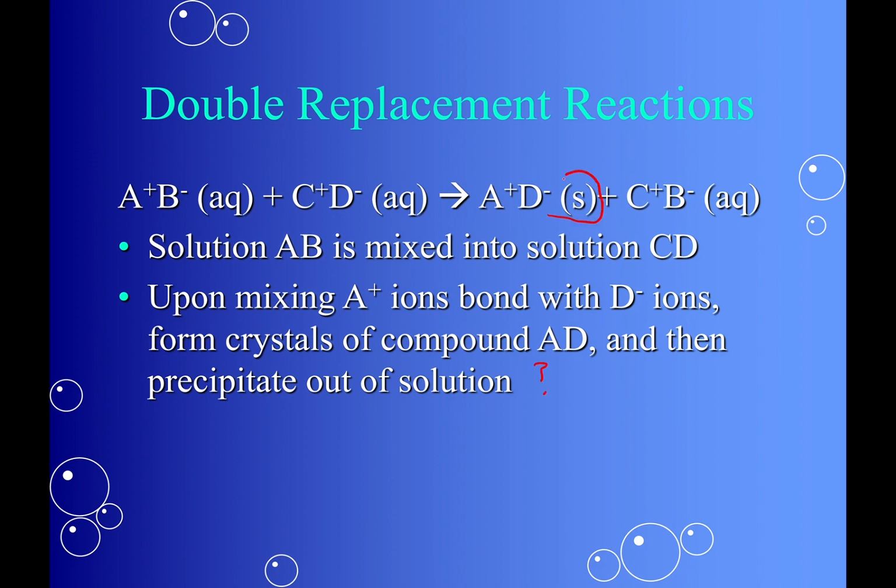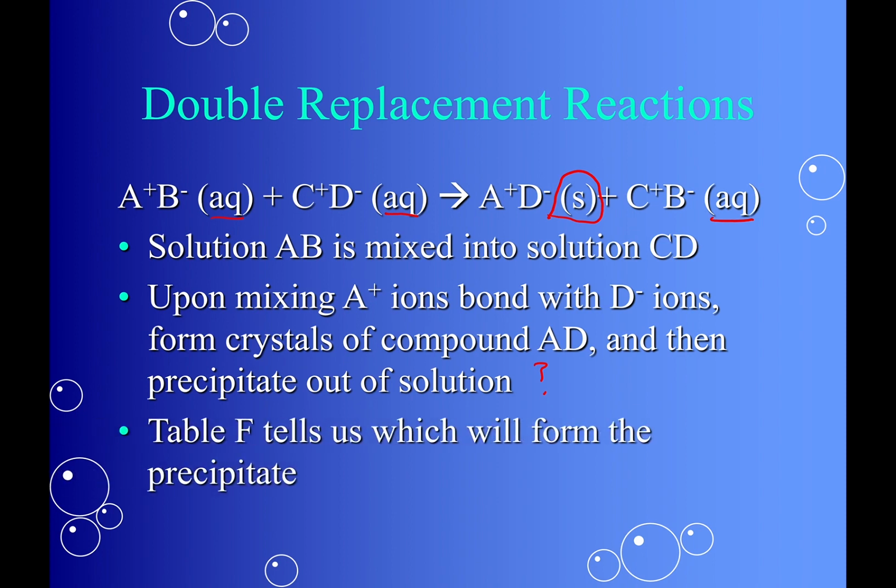Well, we have a solid designation here in our general equation. That solid tells us that AD is no longer soluble in the solution, otherwise it would have the aq designation. So that solid tells us what the precipitate is. We could then determine from table F what the precipitate will be.